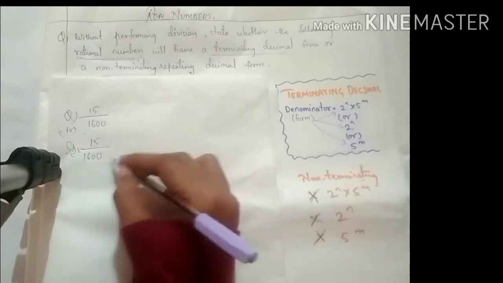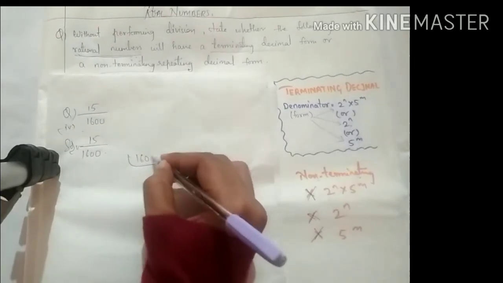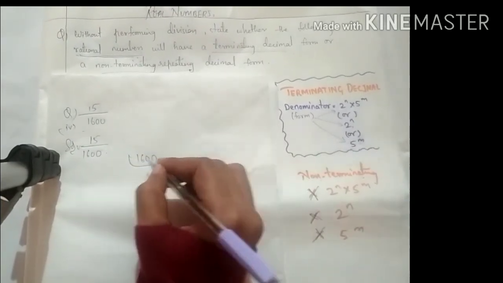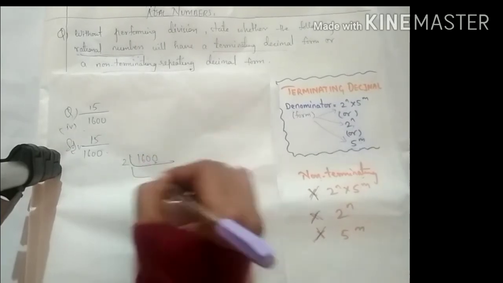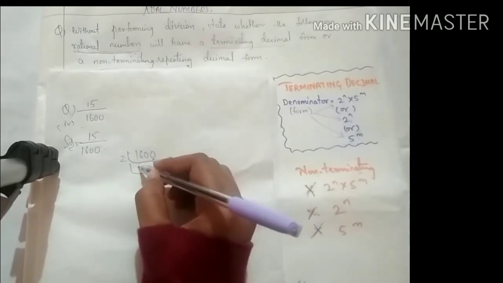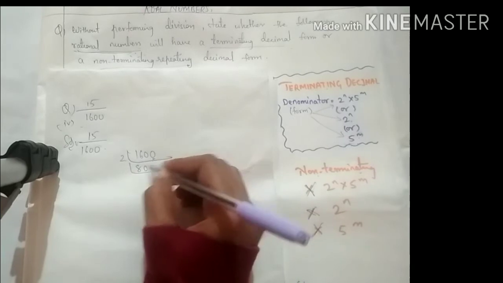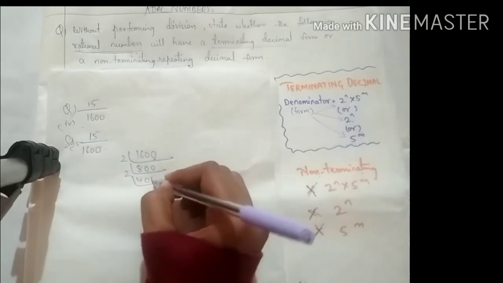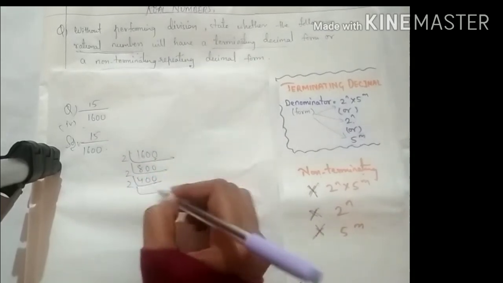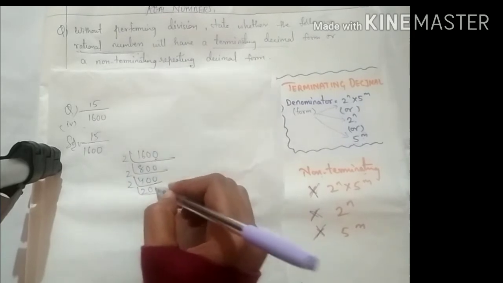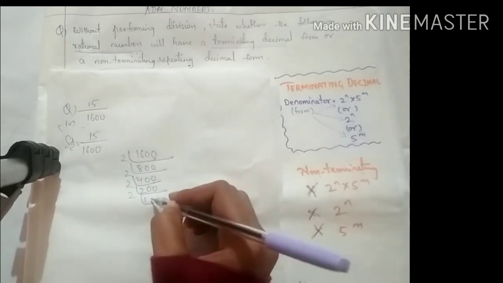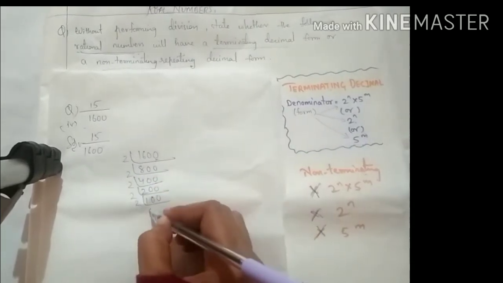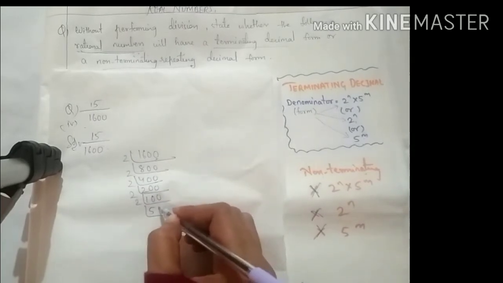Now the first factor we can take for 1600 is 2, since it is an even number. 2 8s are 16, 0 0, 2 4s are 0 0, 2 2s are 0 0, 2 1s are 0 0, 2 5s are 10 0.